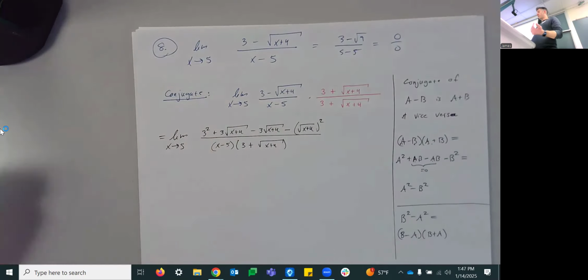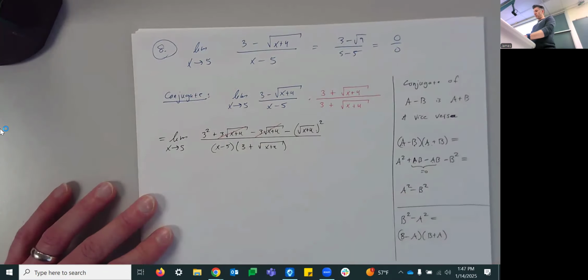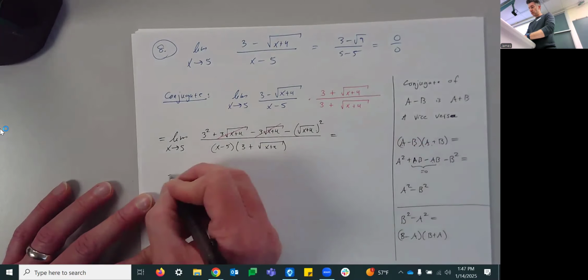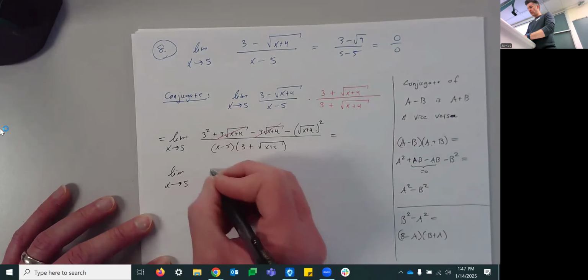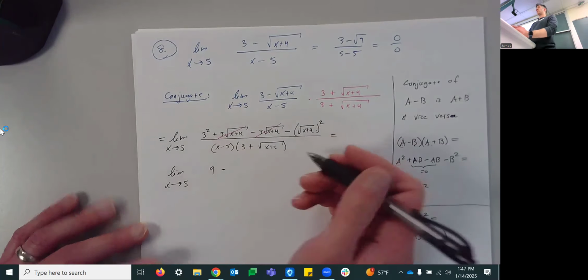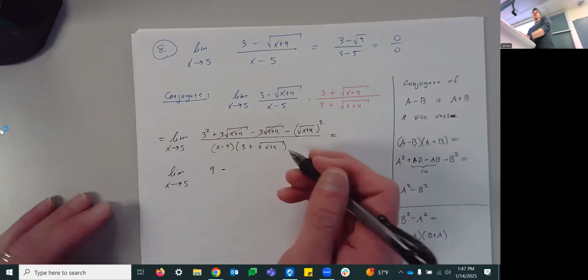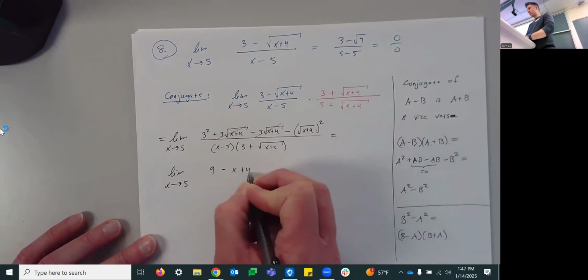Whenever you multiply conjugates together, you should skip that step and say, those go away. And you really just get still the limit, as x approaches 5, of 3 squared, which is 9, minus the square root of x plus 4 squared. And whenever you square a square root, you just get the stuff inside. Then be careful here. I'm going to make a mistake. Made a mistake.